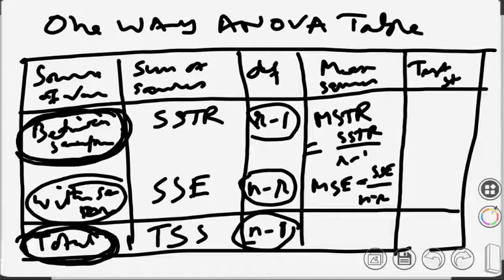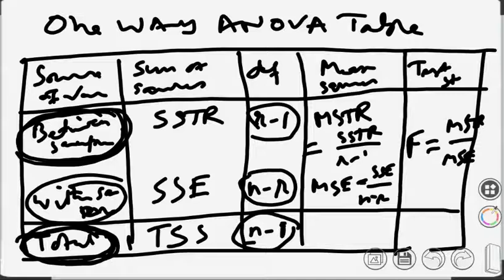You have to write the formula carefully, correctly. And the test statistic is F, which is MSTR by MSE, and this is F with r minus 1 comma n minus r degrees of freedom.